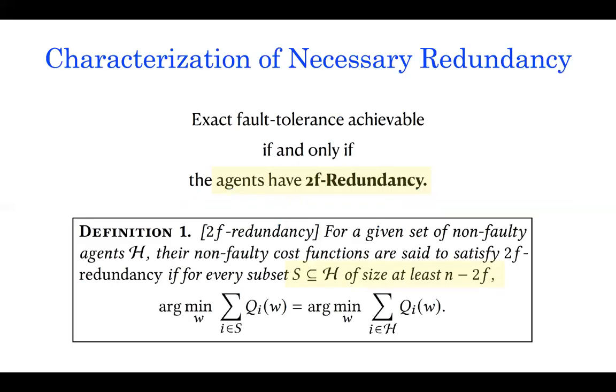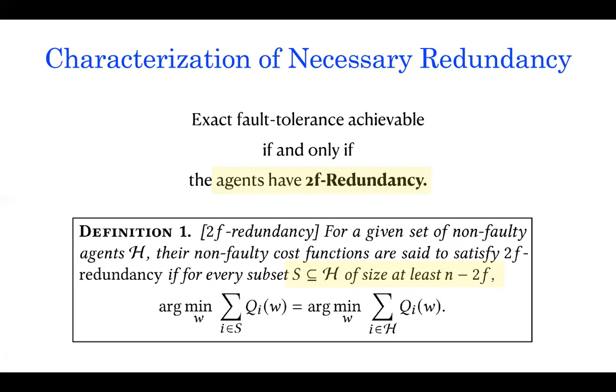Specifically, we show that exact fault tolerance is achievable if and only if the agents have 2F redundancy. What 2F redundancy means, as defined here, is that the minimum of the cost functions of honest agents should also be a minimum of any n minus 2F honest agents' aggregate cost functions.